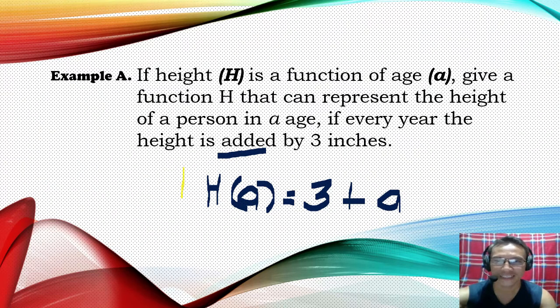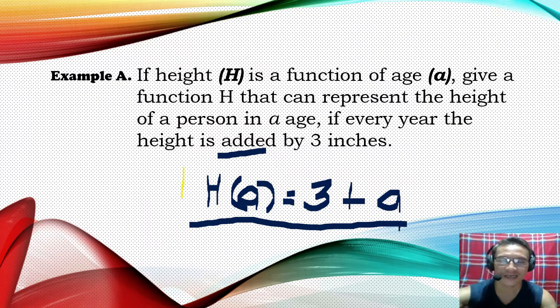And so this is the representation of the problem. The height is a function of age a, such that every year the height is added by 3 inches.